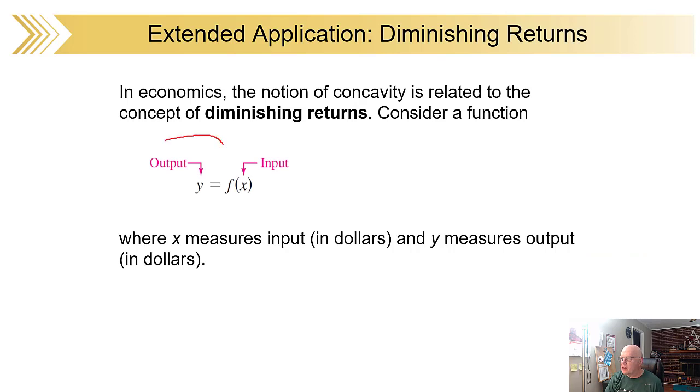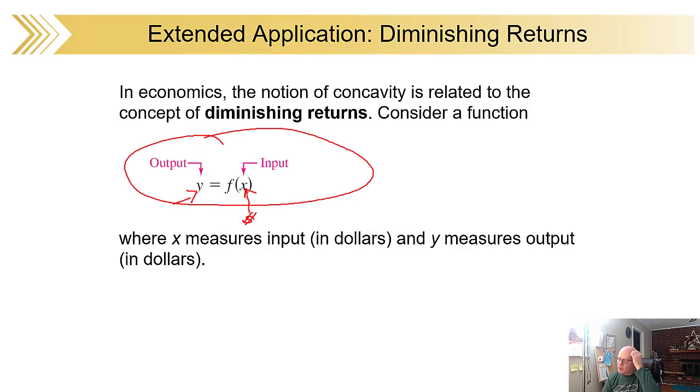So we've got a function here. The input's in dollars, and the output is in dollars. For example, maybe these are advertising dollars, and these are sales dollars.